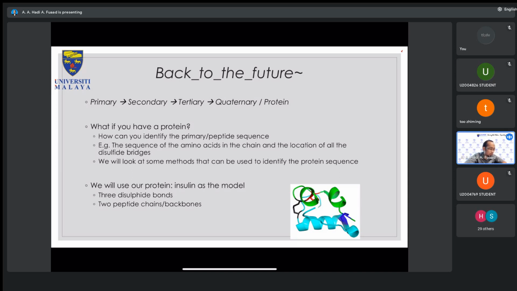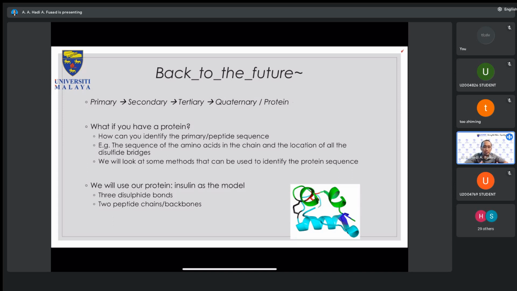Okay. Just looking back at what we've learned so far, we've looked at the primary, secondary, tertiary, and quaternary structure of a protein. Just recall what the differences are, how you can identify the structures, and what the important features or properties of each structure level are. That is just going back to the future.